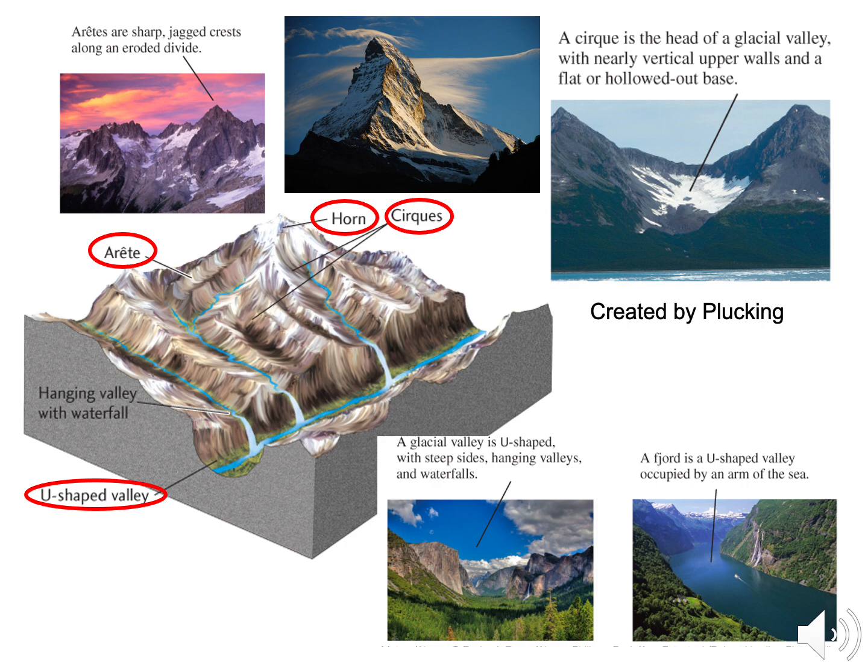The final feature that I want to highlight again is this area where we would have that main valley glacier going through. This would ultimately form a U-shaped valley. So we can see the U-shaped valley in the figure on the left side of the screen, and then we can see a photograph of a U-shaped valley that's filled with water on the right-hand side of the screen in that lower image.